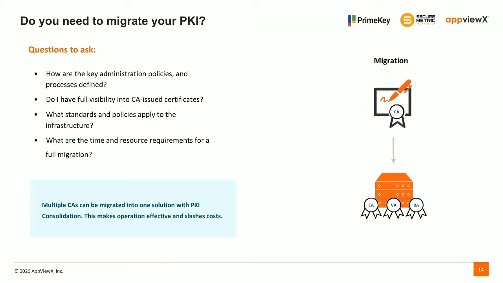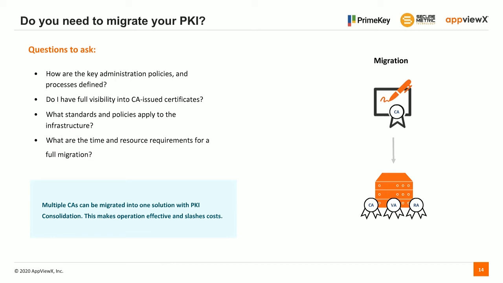So, I'm sure everybody has a PKI deployed, right? And when you're looking to migrate or when you're looking to deploy the new next generation PKI, how can you seamlessly migrate from what you have? And what are the things to consider during migration? What are the questions to ask?